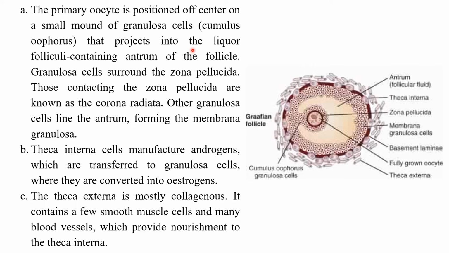So those granulosa cells which come in contact with the zona pellucida are known as corona radiata cells. The theca interna cells, these are the cells of theca interna.